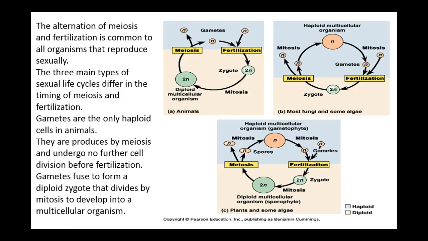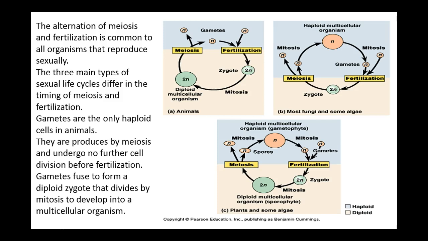That can then produce gametes. Those gametes can create a zygote. That zygote becomes a 2N organism, which we call a sporophyte. That 2N organism, the sporophyte, can go through meiosis and then create spores. These spores are 1N.